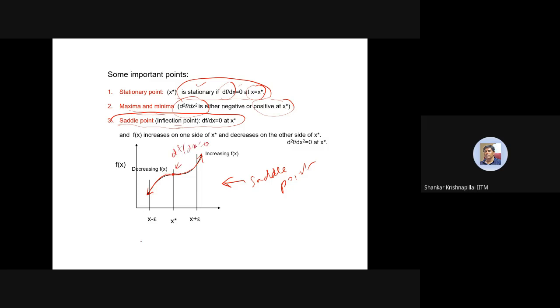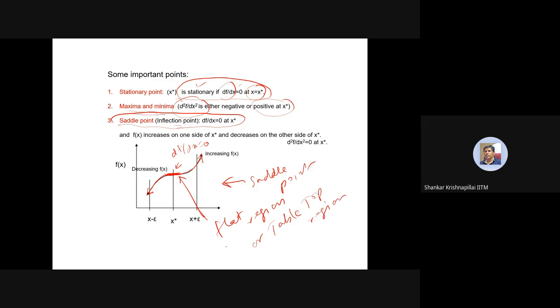Under this condition, you will get a small flat region. This is called a flat region or tabletop region.